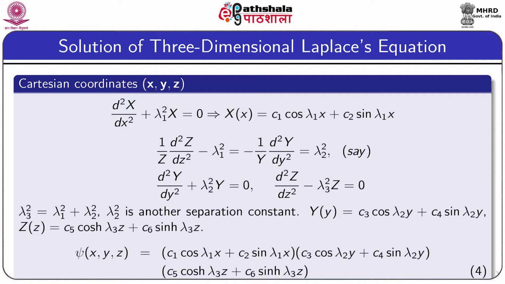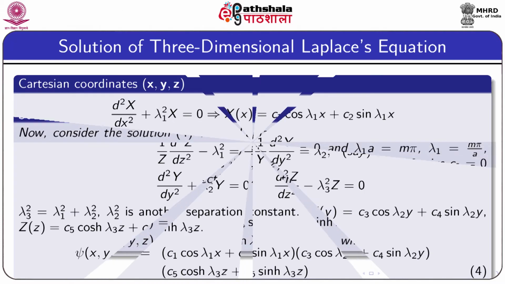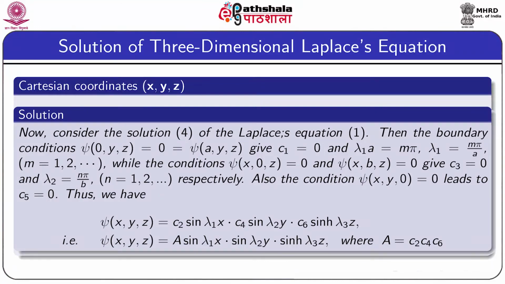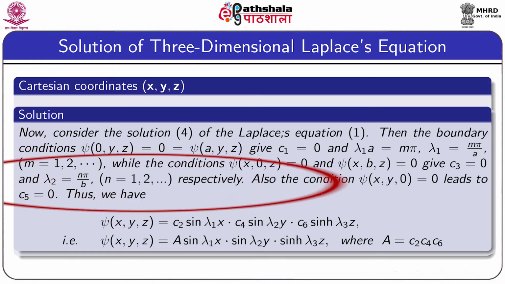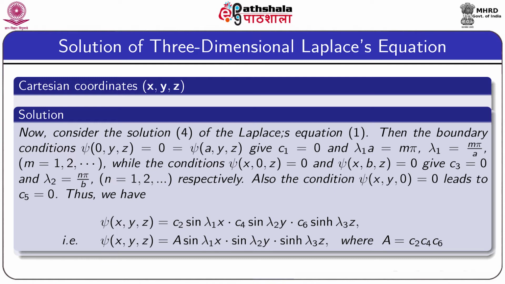So, the only option to satisfy the boundary condition is sin lambda 2 b equals 0. So, it implies that lambda 2 b must be equal to n into pi, where n is an integer, or in other words lambda 2 can take the values n pi by b, where n is an integer.